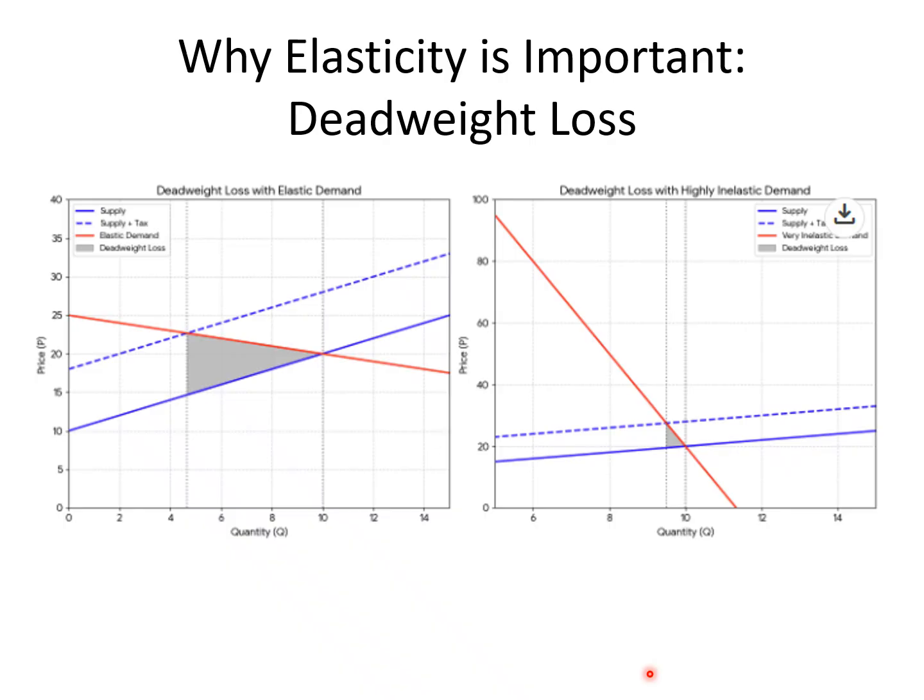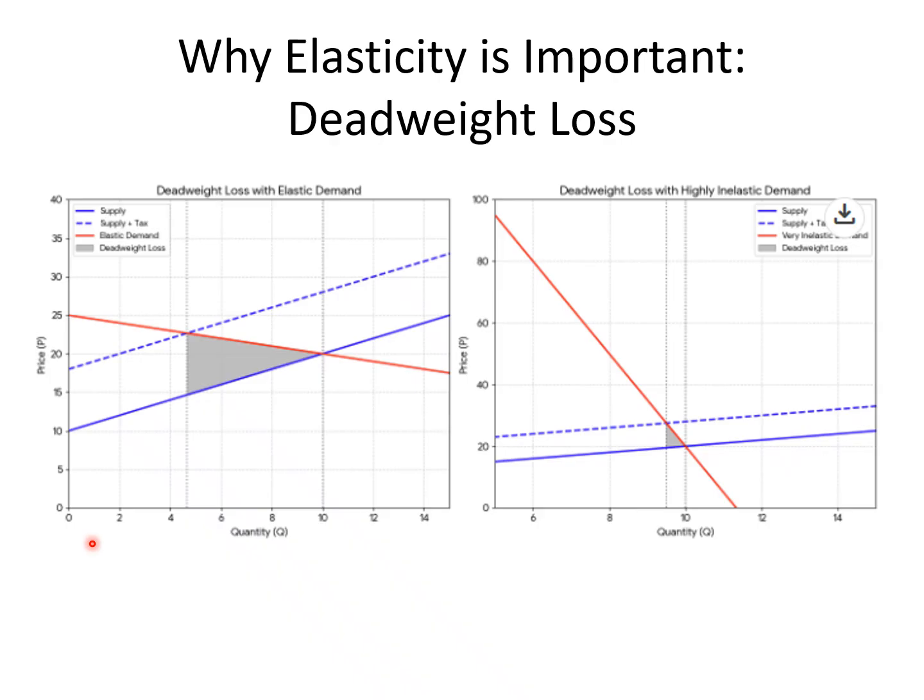So why does elasticity matter? Remember in the last slide, we showed an elastic demand curve, which is flatter, and an inelastic demand curve, which has a higher slope. Let's use an example where there's a tax placed on this good. Originally they have an equilibrium quantity of 10, and it looks like an equilibrium price of 20 here.